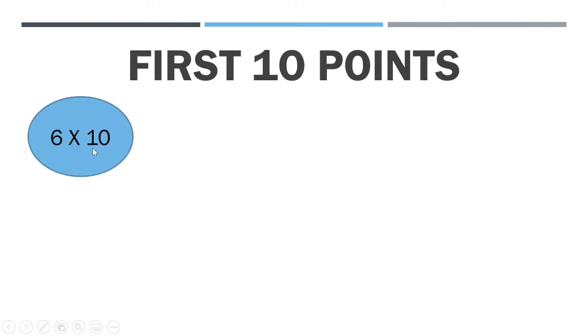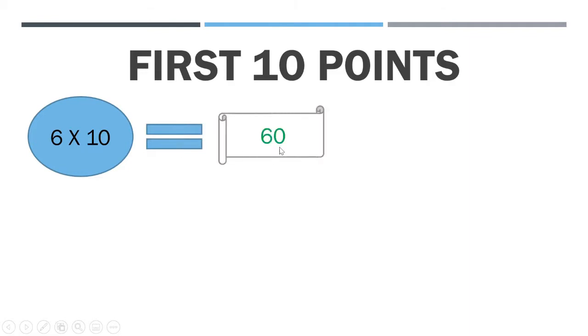So 6 times 10 is obviously 60, right? So what I'm going to do is that your score out of 60, whatever you get out of 60, I will divide it by 60 and multiply by 10. And then you get your first 10 points of term 1. So when we open on the 1st of July, you will have 10 points already.